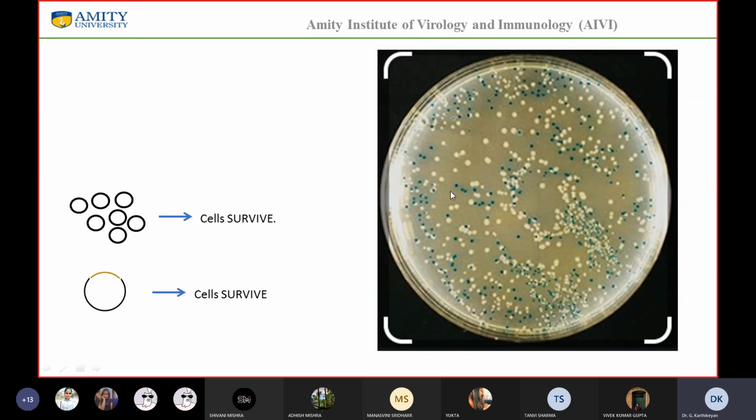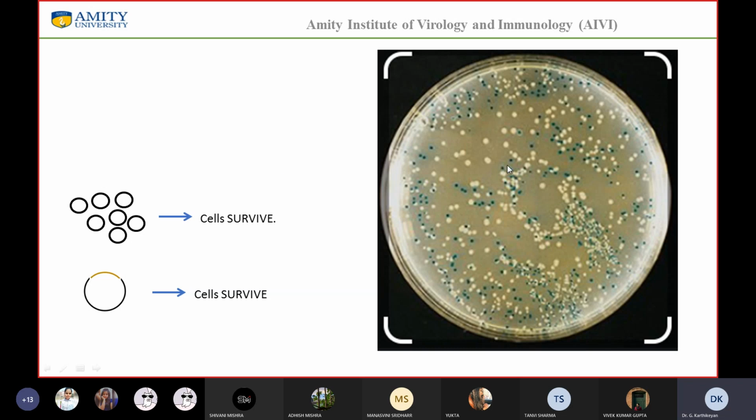So you will not see them on your petri dish, right? You will see two kinds of bacterial colonies on your petri dish. One will be white in color, the other will be bluish in color. This essentially tells you whether your cloning is a success or not. The more white colonies you see, the more they have some kind of recombinant DNA.